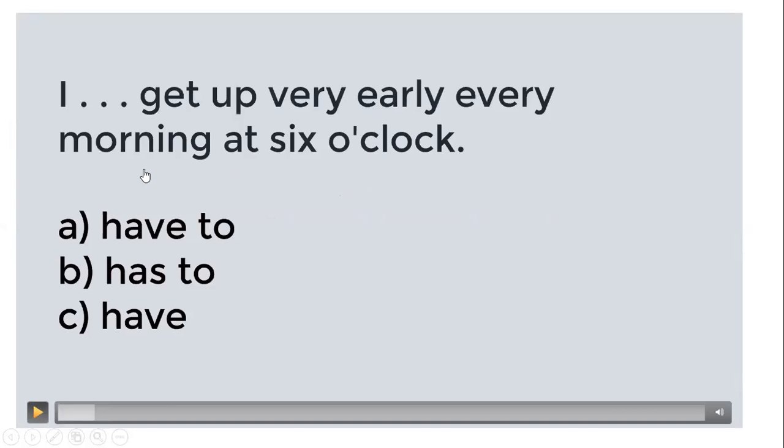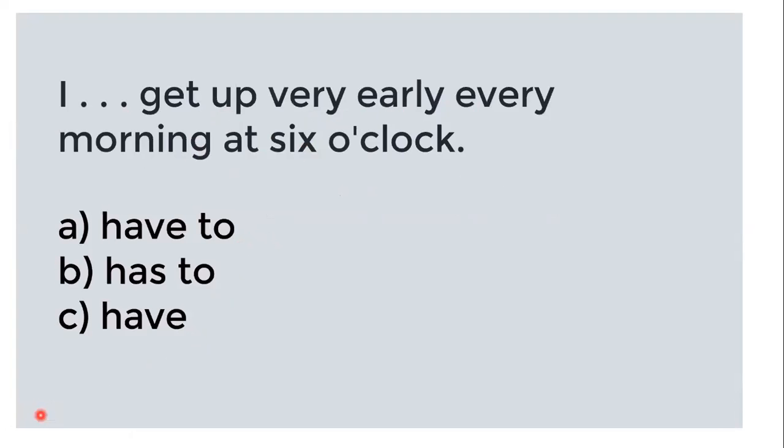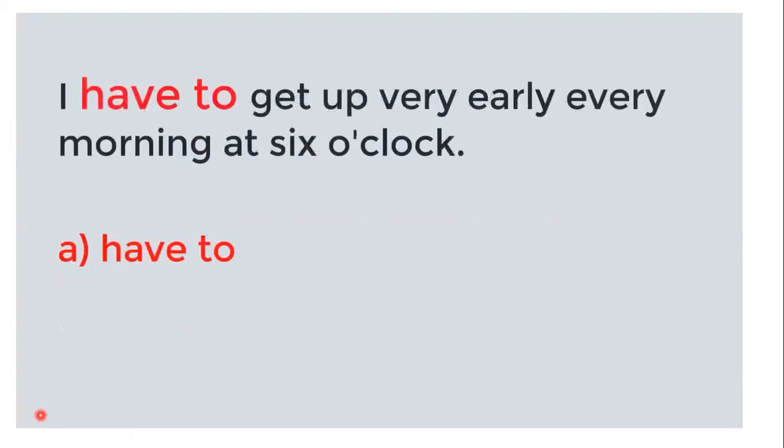So we have this first question, and it says, I get up very early every morning at 6 o'clock. So what would be the correct answer? Have to, has to, or have? And the correct answer is have to, okay?